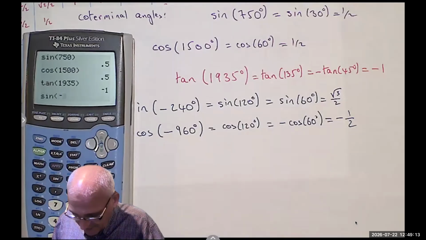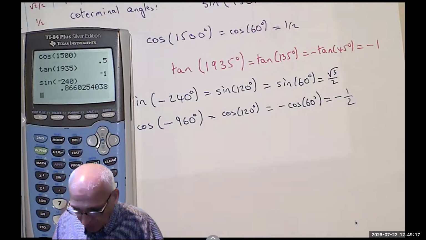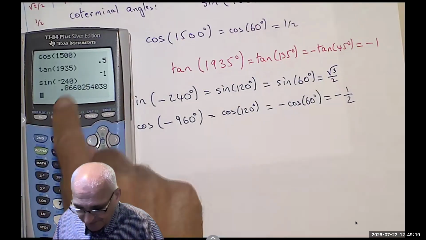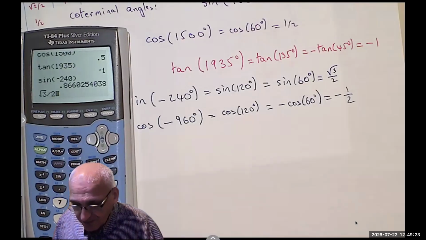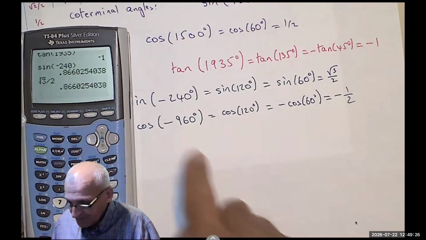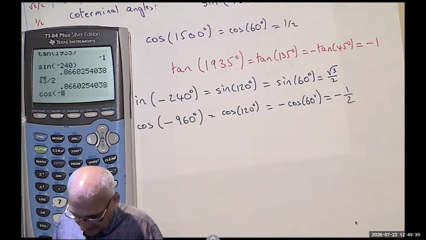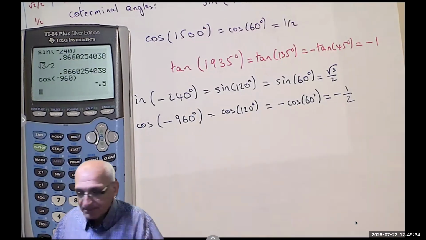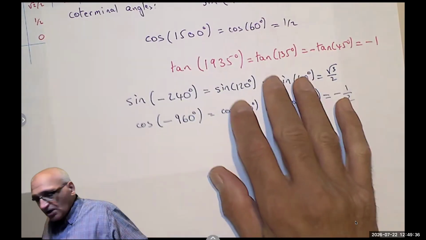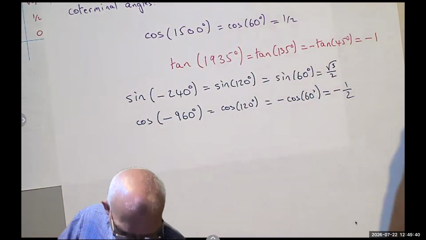Sine negative 240 is this number, and it's positive. What is square root of 3 over 2? It's the same number. What is cosine of negative 960? Negative 1/2.